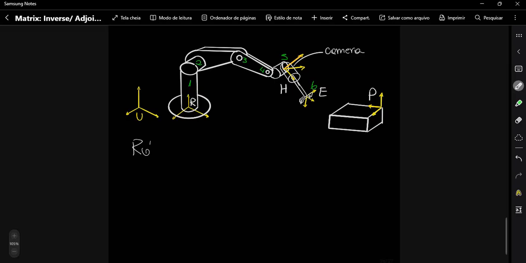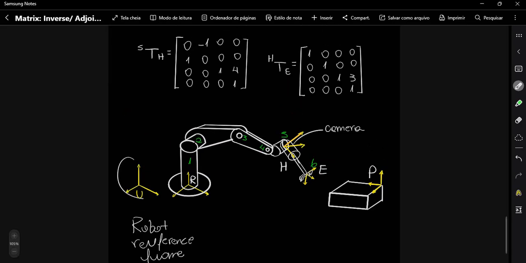So it is the robot reference frame. Right here we are substituting the reference frames.